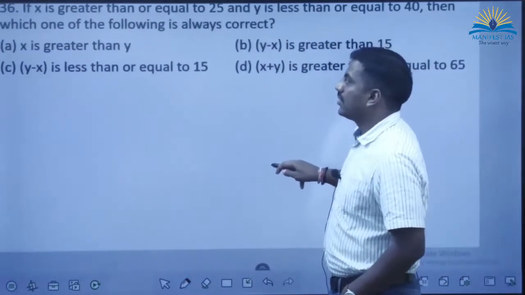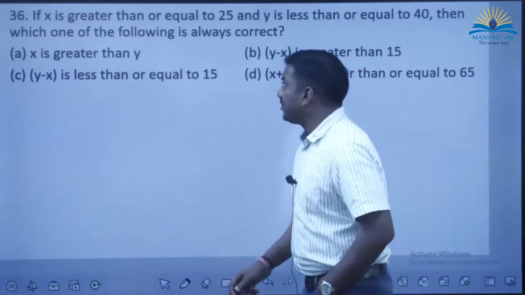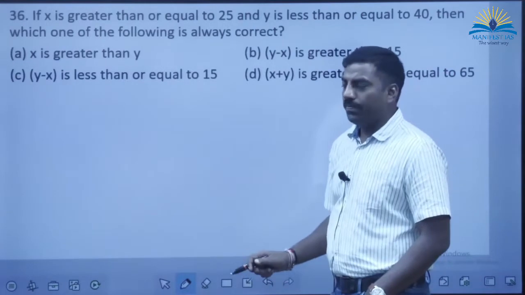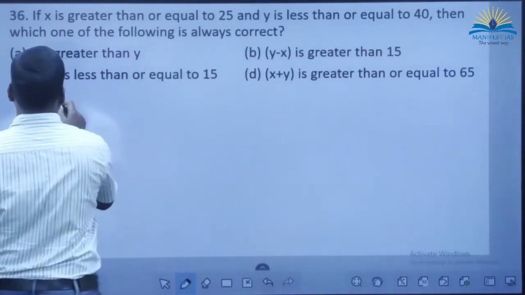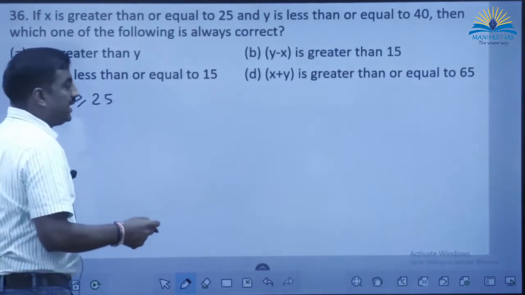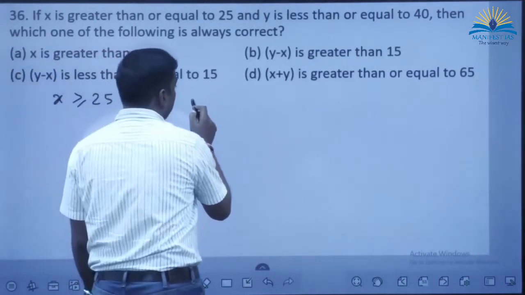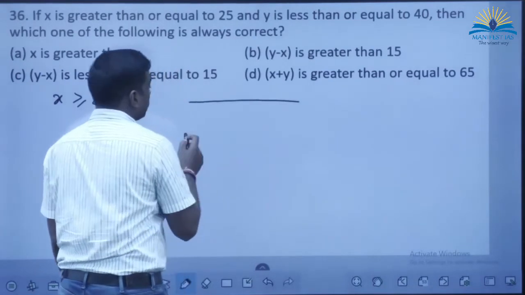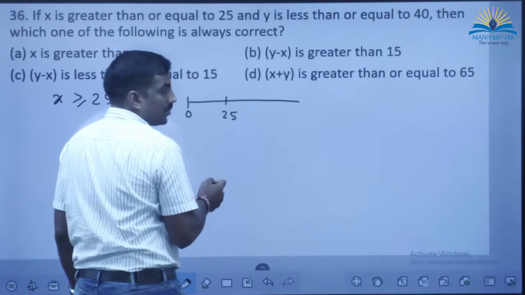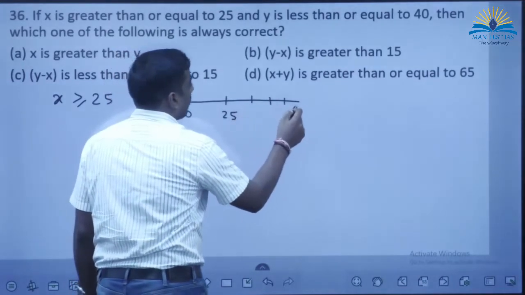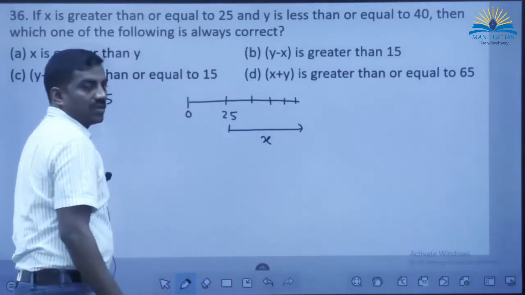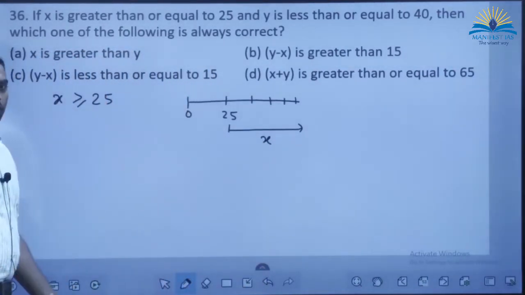Then you will write. If x is greater than or equal to 25. X is greater than or equal to 25. That means what? In number line, let's say this is 0, this is 25. So x starts from here, correct? X is greater than or equal to 25.